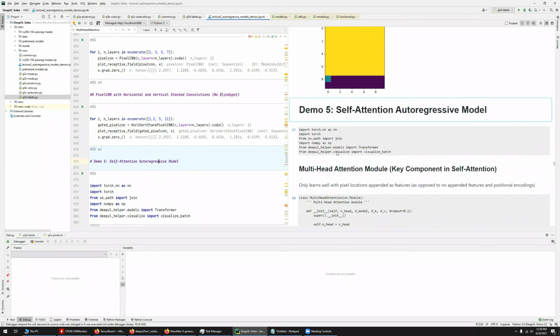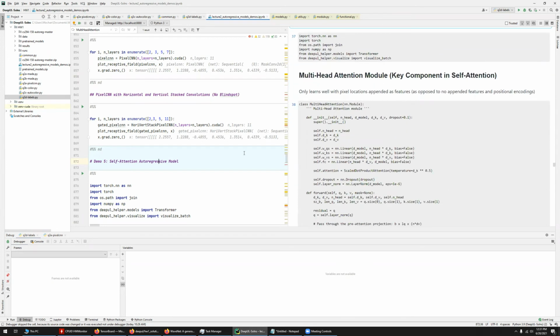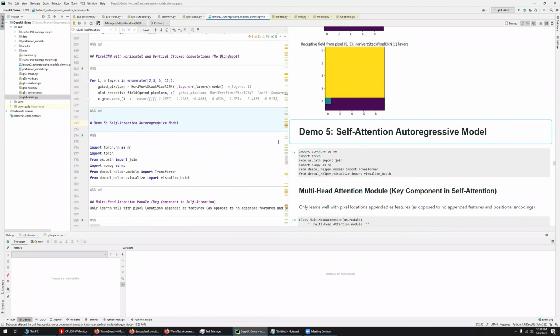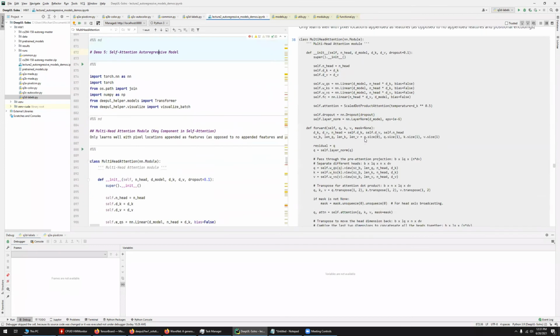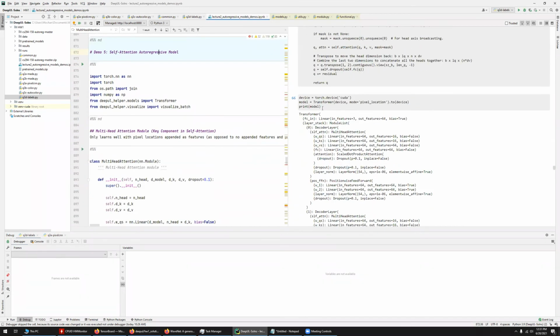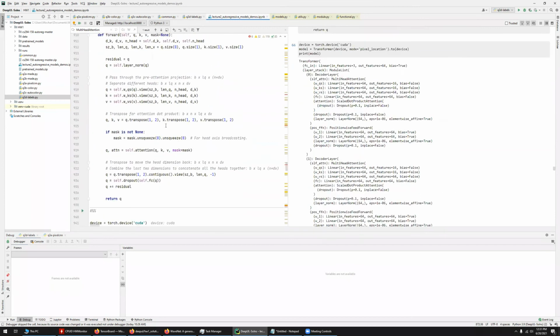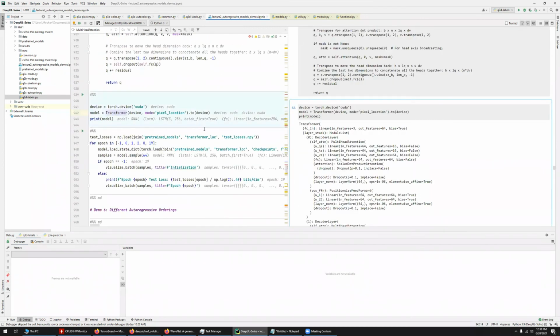And so I'll keep moving on. So we have the self-attention autoregressive model, and they have all this stuff here about the multi-head attention. What they do here is they just say, well, your model is just a transformer.